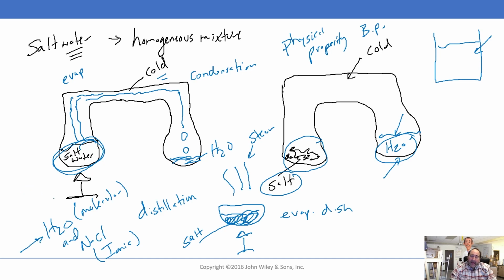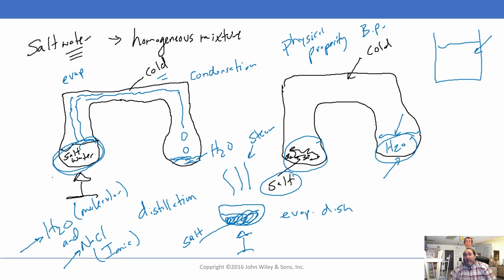The water actually will boil at a lower temperature than the salt. So by using the difference in the boiling point, the physical properties of these two substances in this mixture, we're able to separate out these mixtures by physical means. That's essentially what we're doing here.